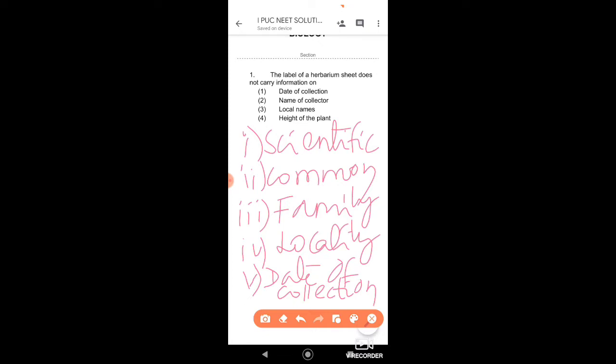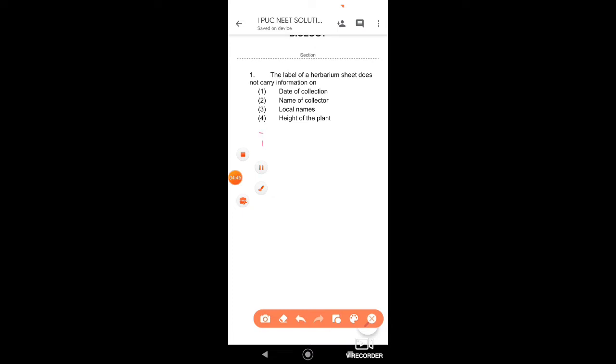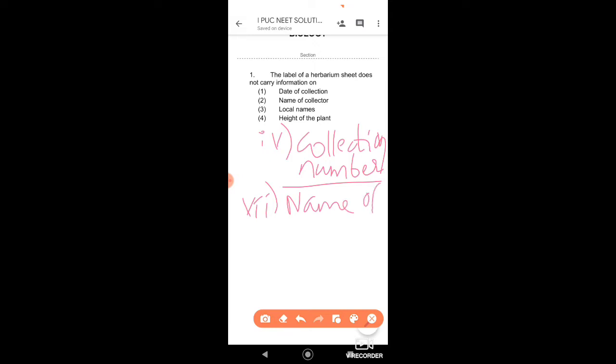Sixth, if need be, we can also write the collection number, so that we know about the plants we have collected. Then seventhly, we mention the name of the collector who has collected it. Their name is mentioned in the lower right corner, where we give all this information on the herbarium sheet.